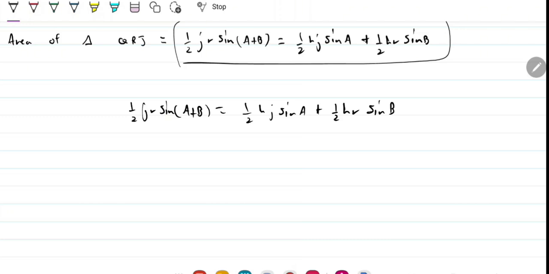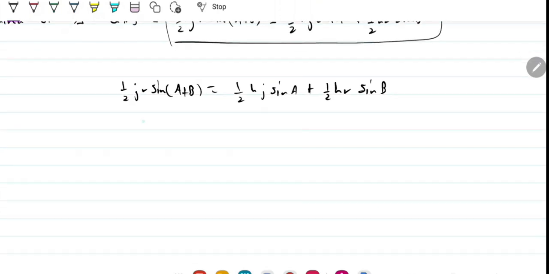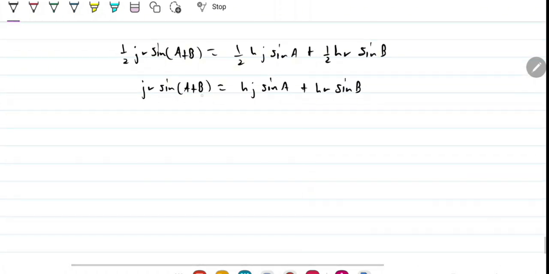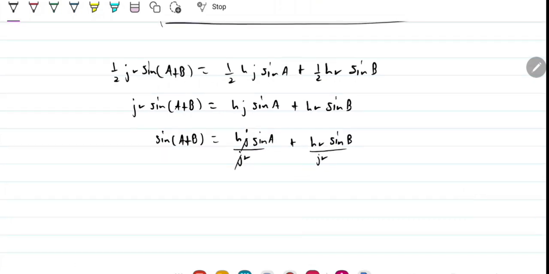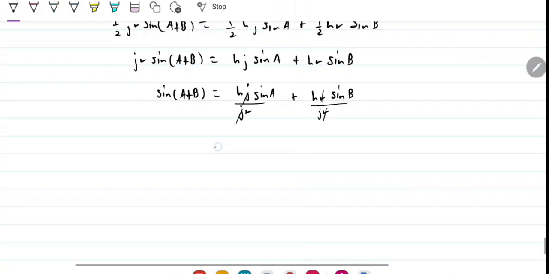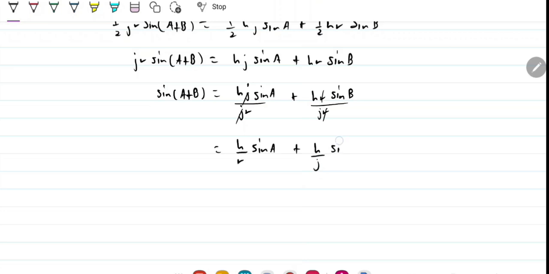We can multiply throughout by 2 and divide everybody by JR, to isolate sine of A plus B. First, multiplying throughout by 2 gives JR times the sine of A plus B equal to HJ times the sine of A plus HR times the sine of B. Now I divide throughout by JR. Look here, the J and the J cancel out, the R and the R cancel out, so I'm left with H over R times the sine of A plus H over J times the sine of B.